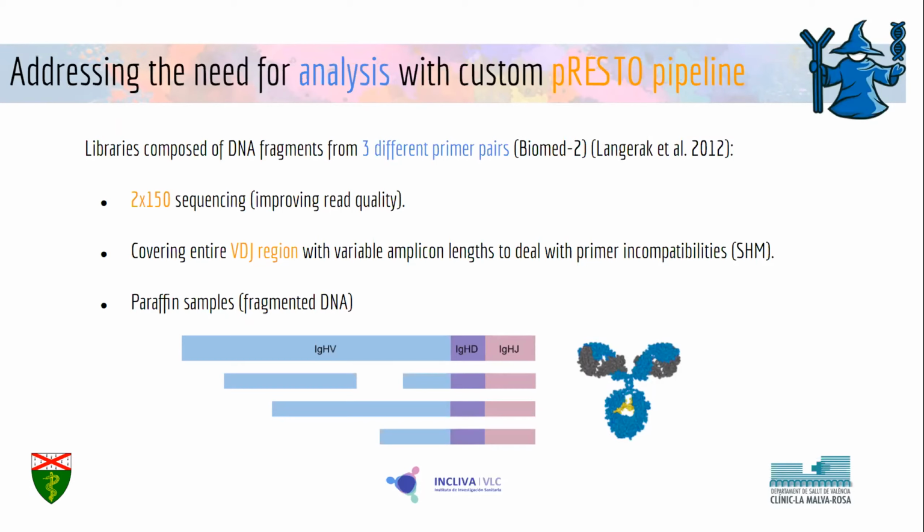So we have different possibilities to amplify them. And also it's an advantage for paraffin samples because DNA is fragmented, and having different sized amplicons can help these samples to be amplified.